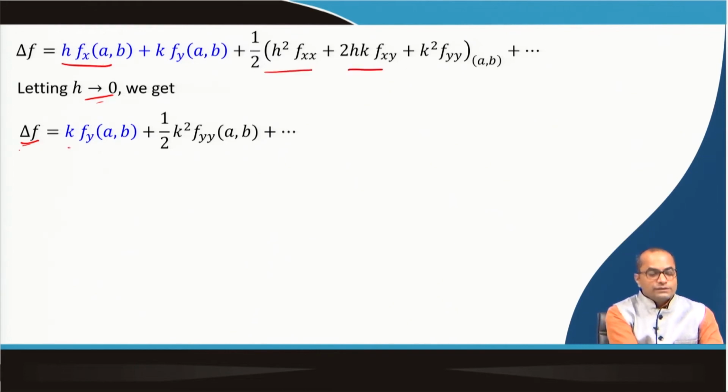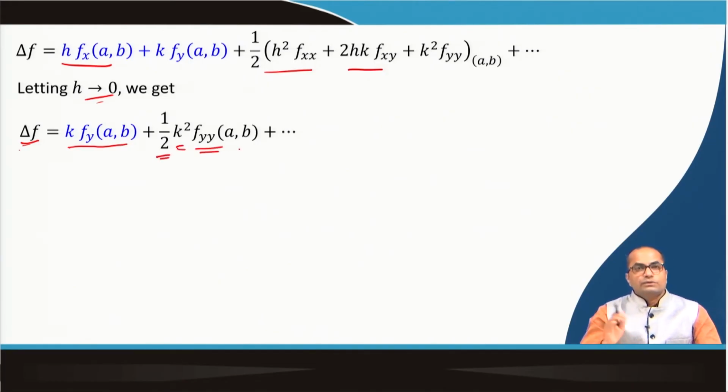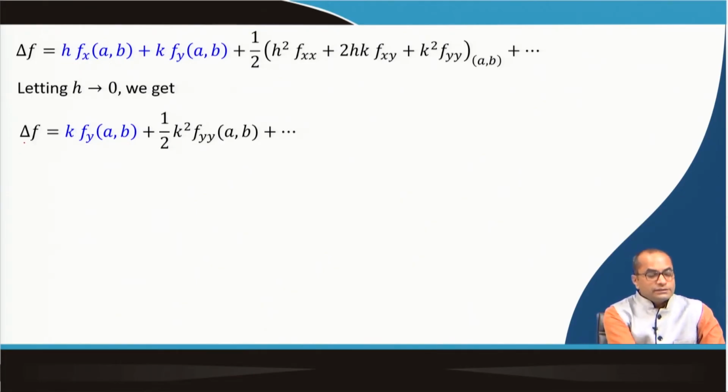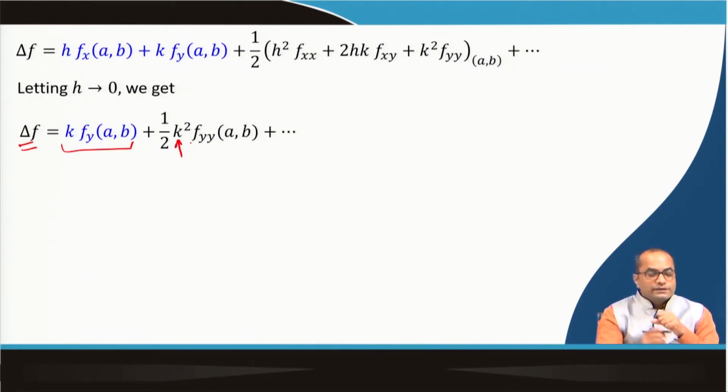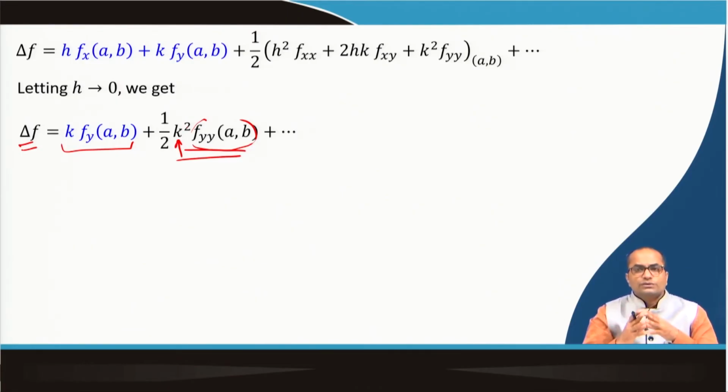So, we have this first order term k f_y, and then we have half k square f_yy at (a, b) and so on, some more terms. Again the same argument: the sign of delta f will depend on the first term, because this is a linear term and here we have the quadratic term. For very small k, the quadratic term is going to be very small, no matter how large f_yy is; accordingly you have to choose a smaller k.